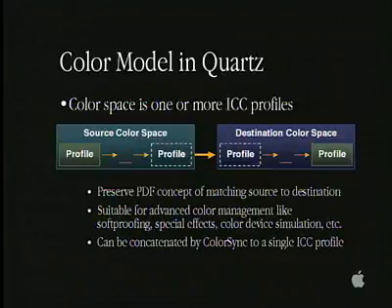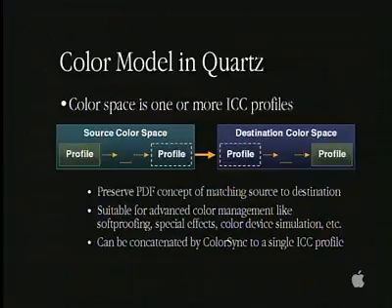The color model in Quartz is based on a combination of the PDF and ICC models. The most important point about this model is that all color spaces are expressed internally as ICC profiles, and any color space is composed of one or more profiles.